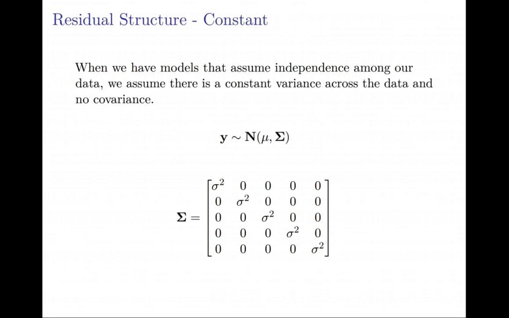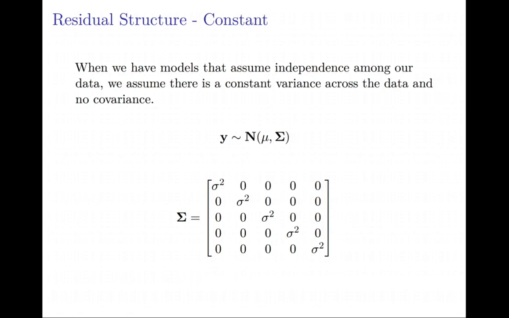So let's go. We haven't really talked a lot about residual structures, so let's go back to thinking about constant models, really simple models. When we have models that assume independence among our data, we assume that there's a constant variance across our data and no covariance. So what that looks like is that our dependent variables y are distributed normally with the mean mu and a variance of sigma.